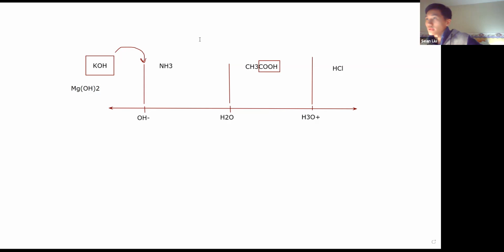The thing with MgOH2 is that it's not as strong of a base compared to KOH, because MgOH2 is not very soluble in water. It doesn't dissolve very well. You know how KOH in water separates into K plus and OH minus. MgOH2 should theoretically separate into Mg2 plus and 2 OH minuses, but it doesn't do that very readily.